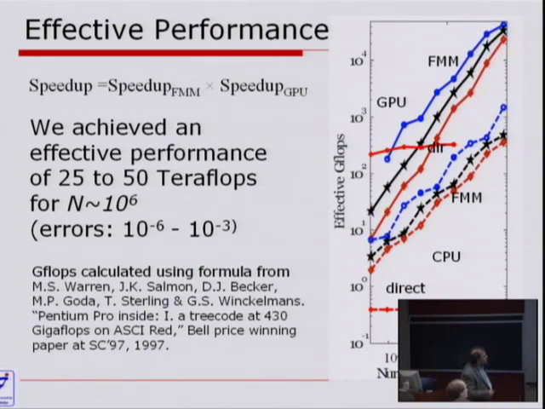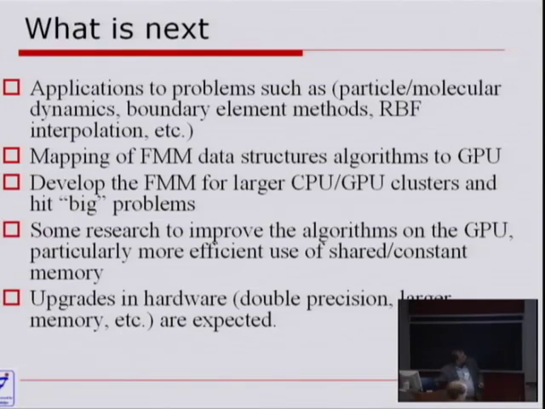And each of them is maybe 100 times, and this results in numbers like 25 to 50 teraflops, which allows us to compute million particle interaction in 1 second. So this is maybe the end, these are the conclusions. You can read this, but I will stop this talk. If you have some questions, I will be glad to answer.